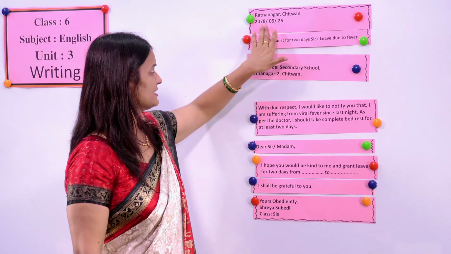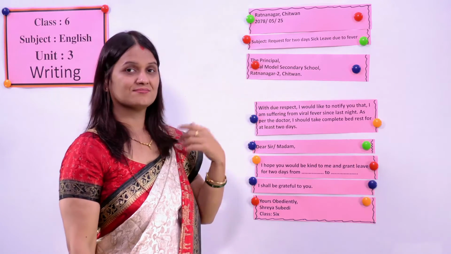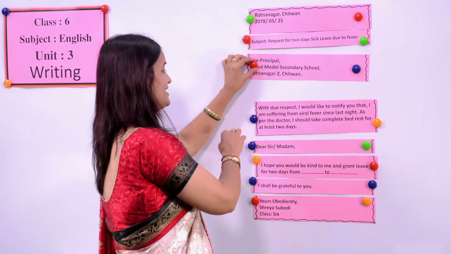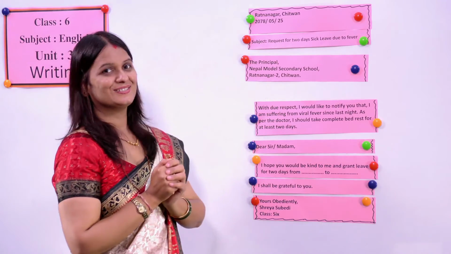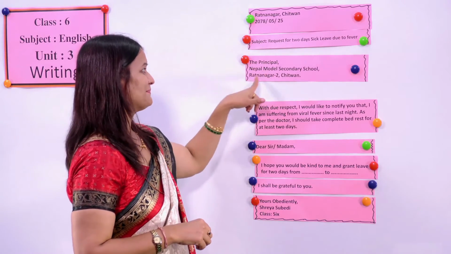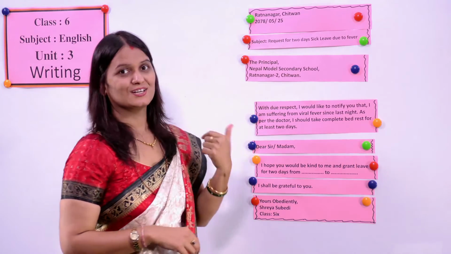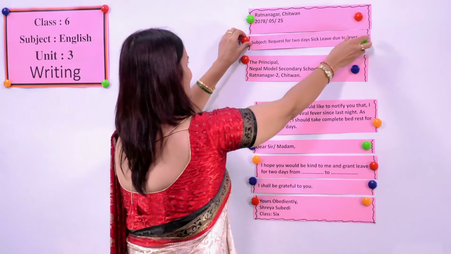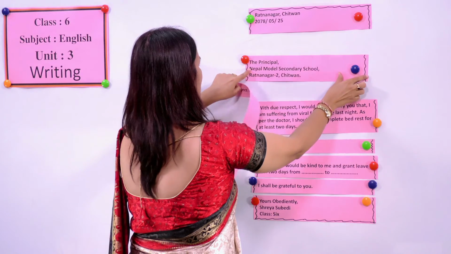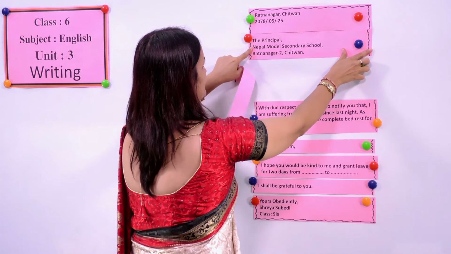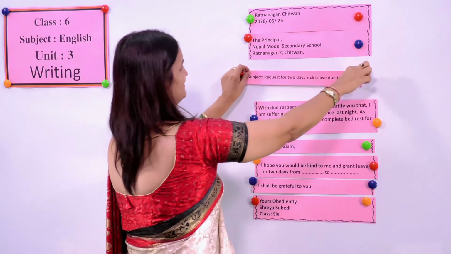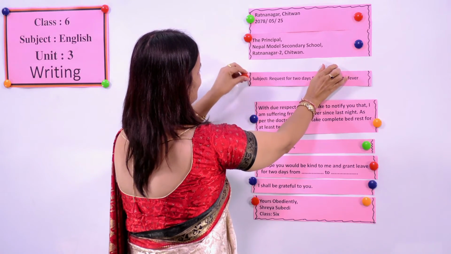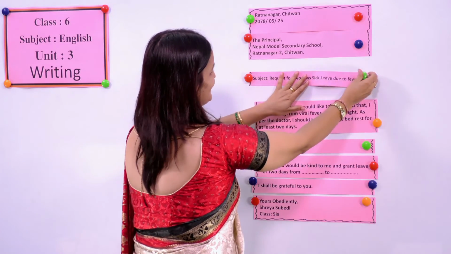Ratnanagar, Chitwan, then date. After that, inside address. Good. So which one is the inside address then? Okay, the third one. The Principal, Nepal Model Secondary School, Ratnanagar, Chitwan. So you'll write that after these. And then after, what will be there? Is this correct?